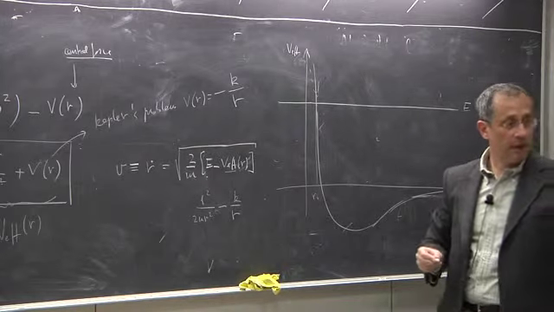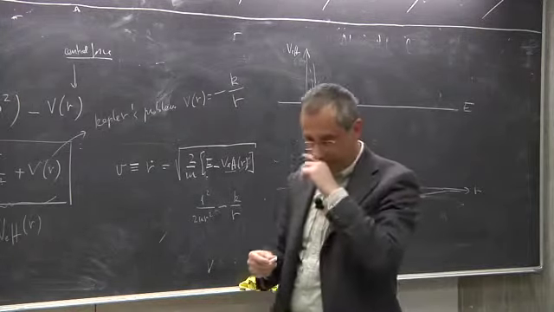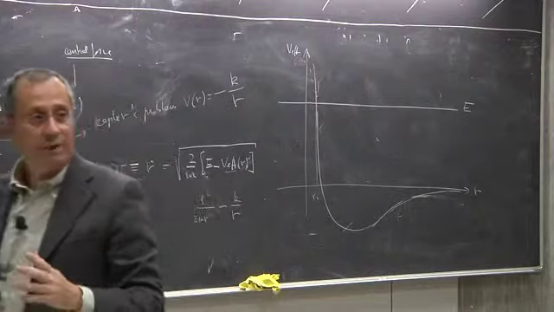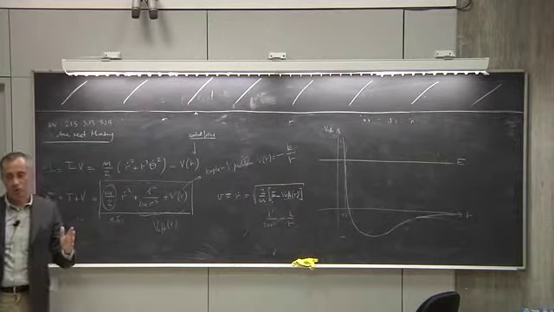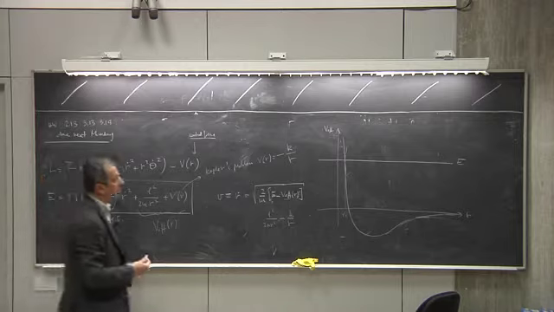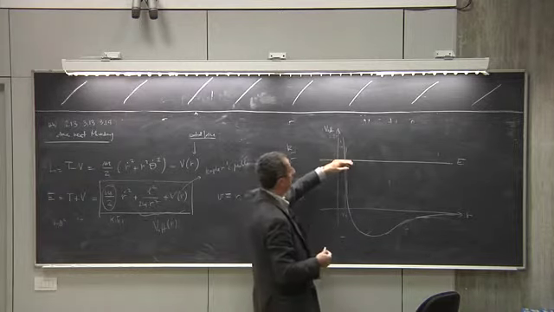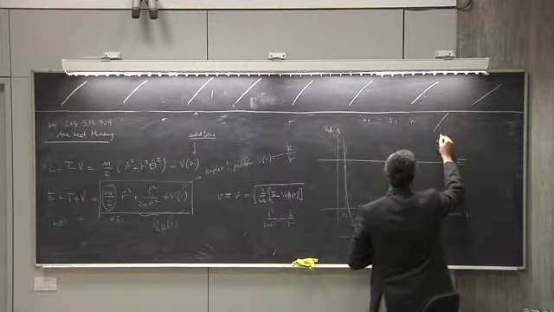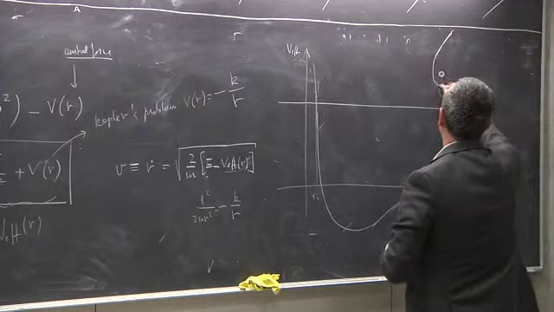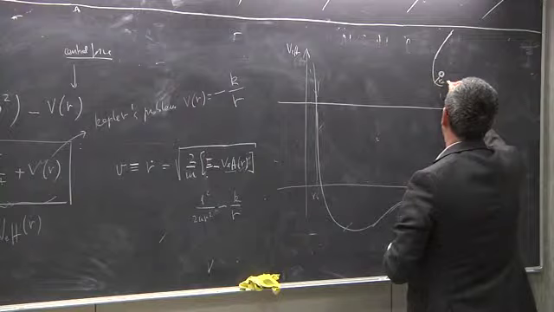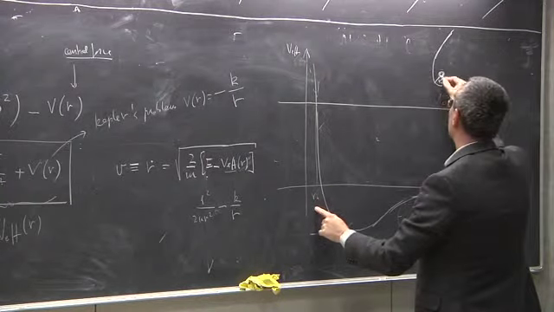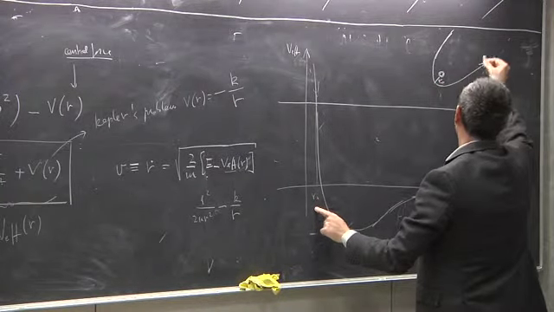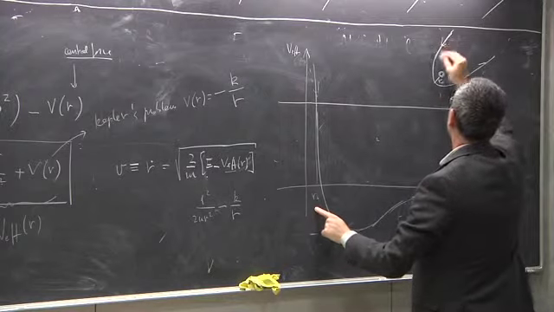Now we know of many bodies behaving this way. These are the comets, usually. A comet starts out with energy that is large enough, comes in from very far away, here's the sun, right? Reaches a point of closest approach, this R0, and then it flies away somewhere.